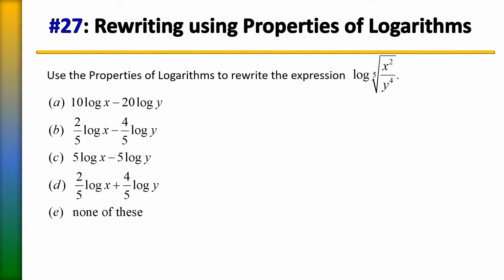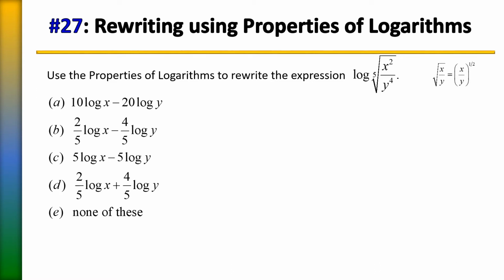We want to expand it. So we're going to first start by removing the radical. So we're going to write the expression itself that's underneath the radical as a fractional exponent. In other words, it's going to have an exponent of a fraction. So recall, I'm going to show you an example.